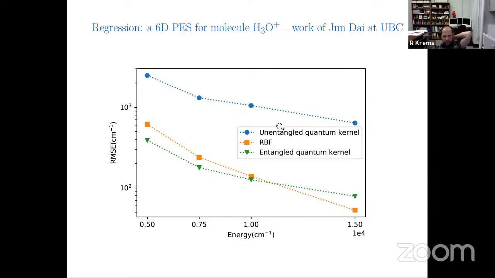Now, if you entangle the qubits by CNOT, as June did, then you will get the green triangles.